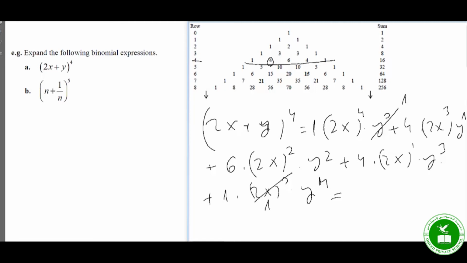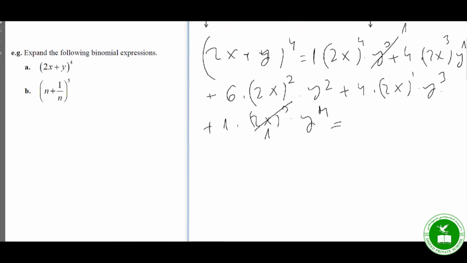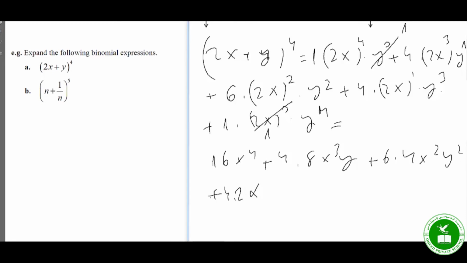Let's simplify them. 1 times 2x to the power of 4 is 16x to the power of 4. We do not need to write 1 again. Plus 4 times 8x cubed y, plus 6 times (2x) squared, which is 4x squared, times y squared, plus 4 times 2x times y cubed, plus 1 times 1 times y to the power of 4.